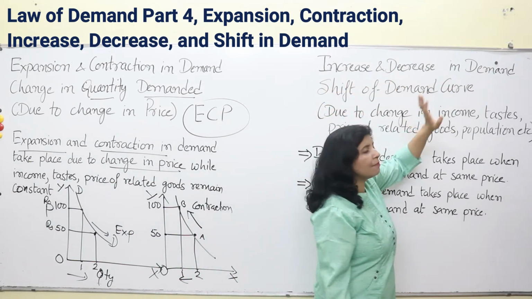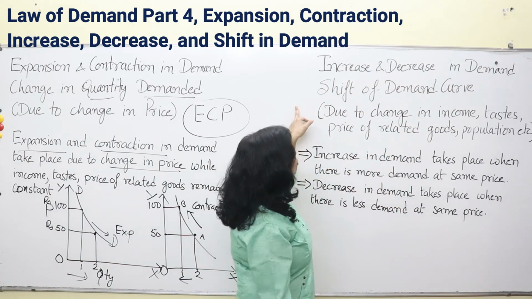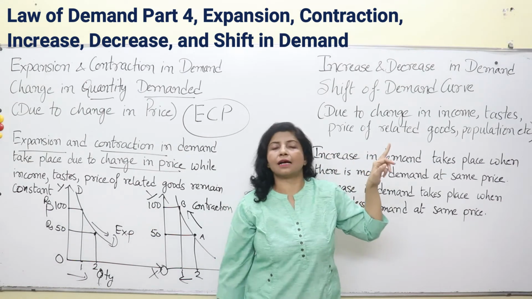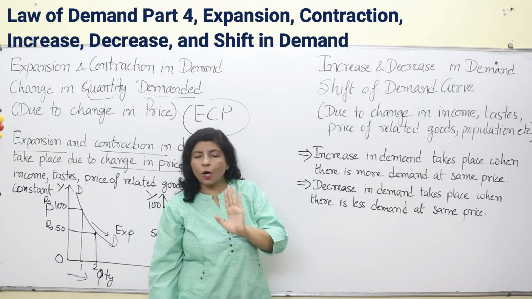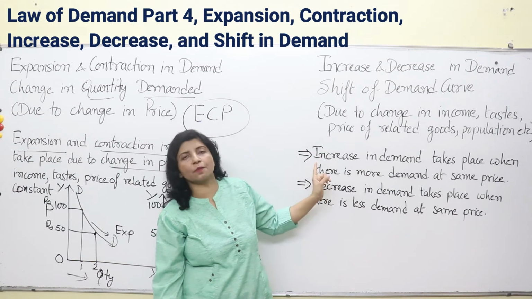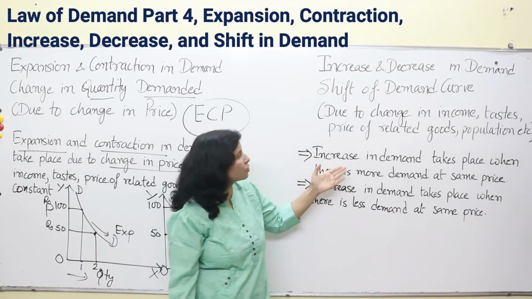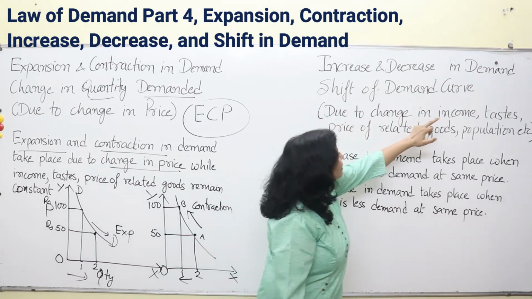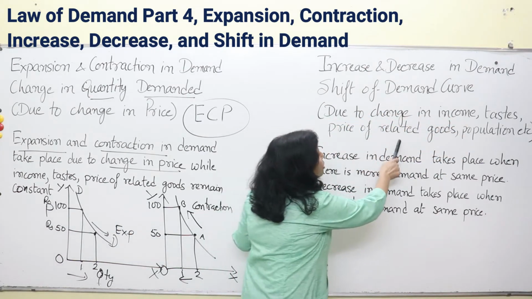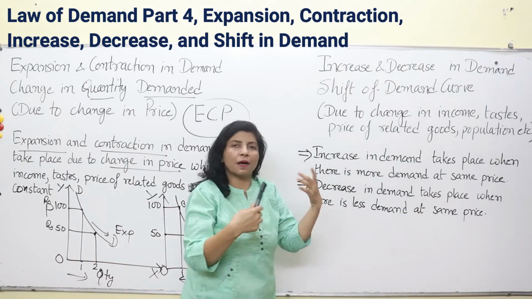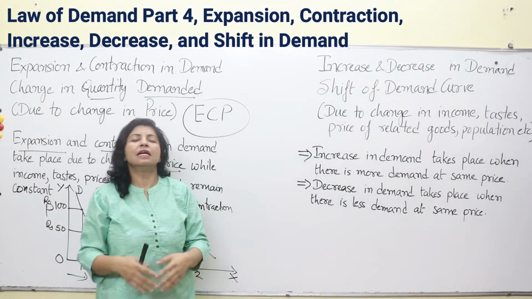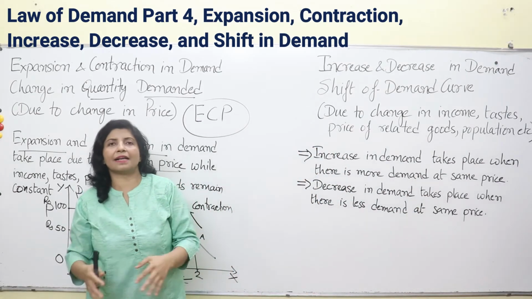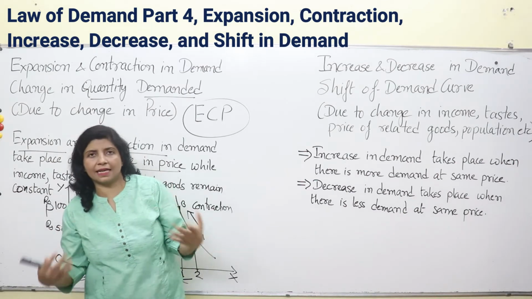Now, get on to the second topic here: increase and decrease in demand. Why does it happen? It happens due to factors other than price. Here price does not play a prominent role; other factors do. We can see that it happens due to change in income, tastes, price of related goods, population, future expectation, distribution of income, change in taxation, change in government, any riots, famines, floods, anything like that.